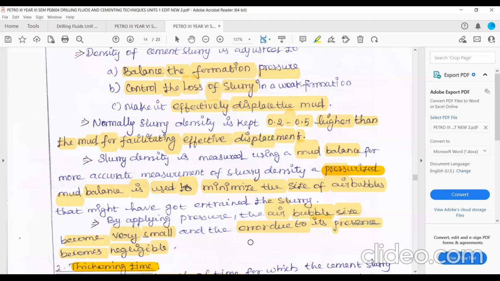At the indication of the bubble in the view glass or side glass, you stay at that point and mark that as the density. I explained a lot of pictures in the initial section of the video. You can play it back again and see the same concept. This fluid is different. The fluid here is the cementing fluid.